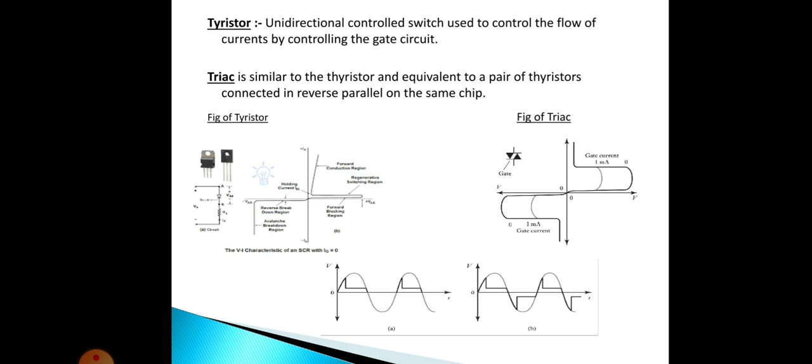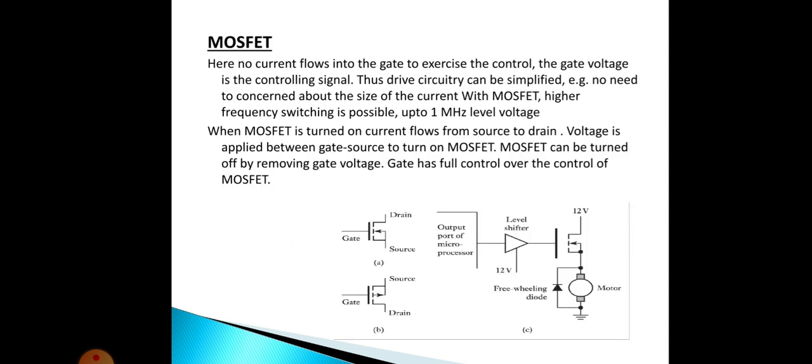Then the next one, as you can see over here, is the MOSFET. Here no current flows in the gate to exercise the control. The gate voltage is the controlling signal.